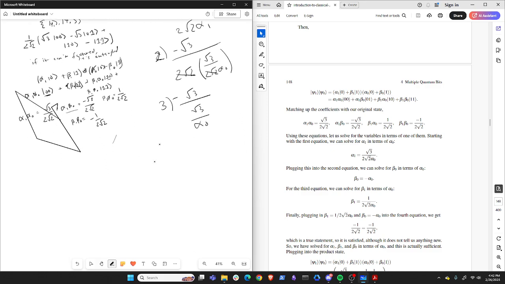So we're going to flip and multiply here, reciprocate and multiply. So we wind up with minus square root of 3 alpha sub 0 over square root of 3, which gives us minus alpha sub 0.